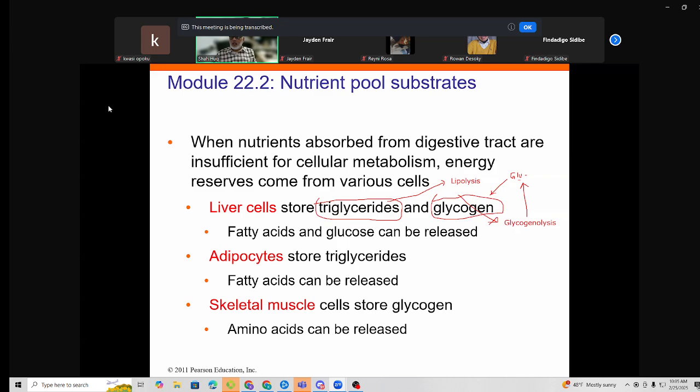And then the last thing, which is dangerous or deleterious for our body, is when we do not have any more fat, triglyceride, to convert into energy. And then what we'll have is that the proteins in the muscles are broken down. That means the muscles are broken down.